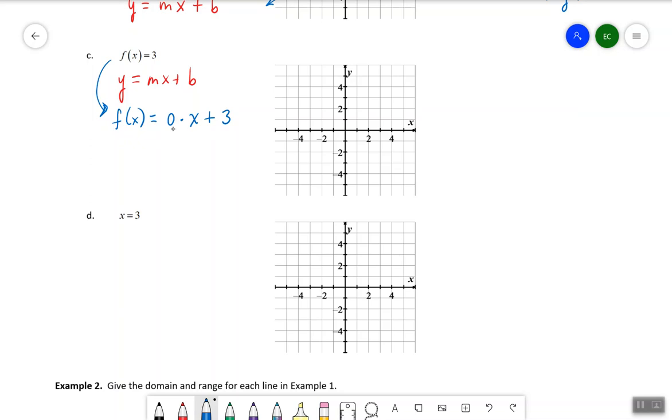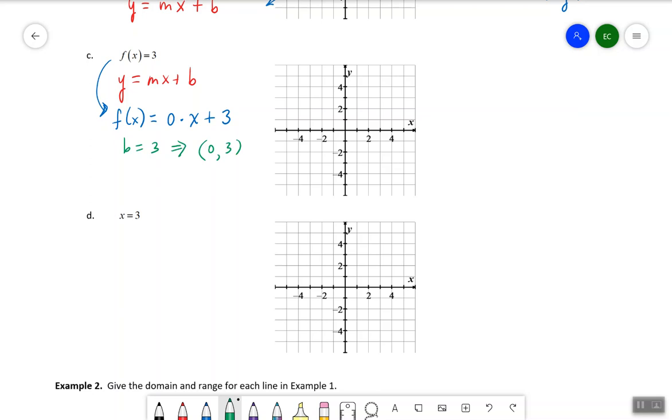So 0 times x plus 3 is the same as 3. And so now we're into the form that we need. So our b value is going to be 3. And so that gives us the point at 0, 3.